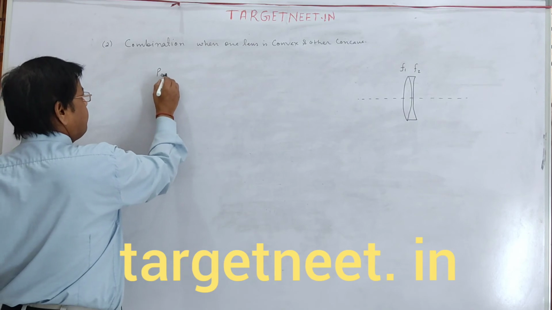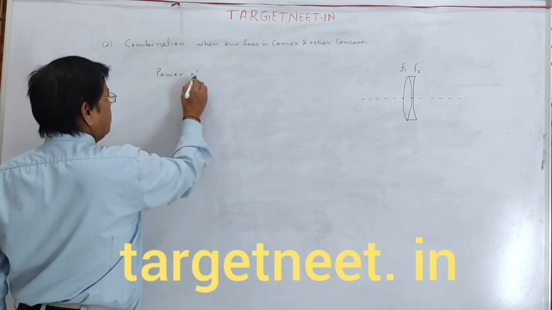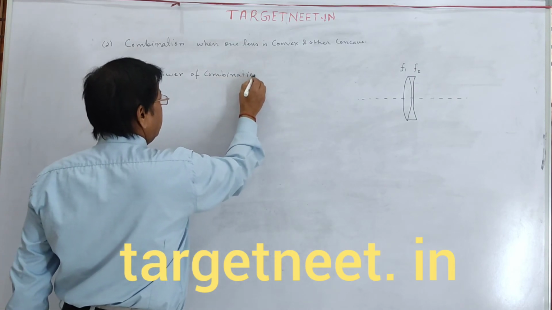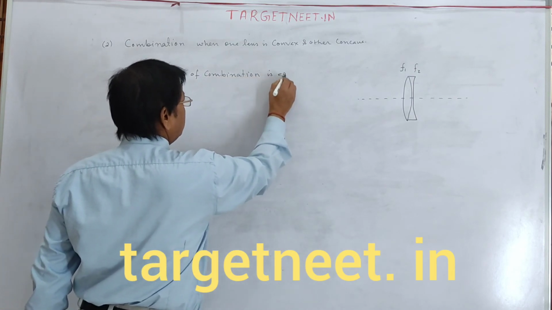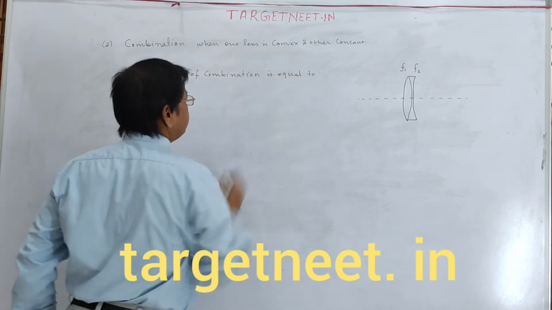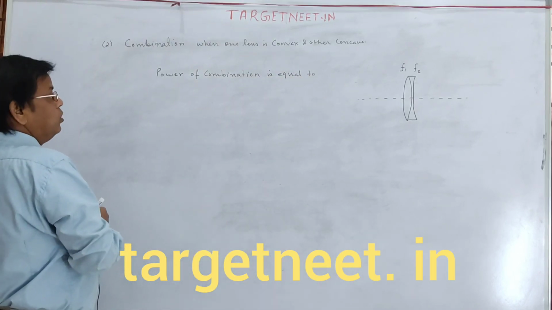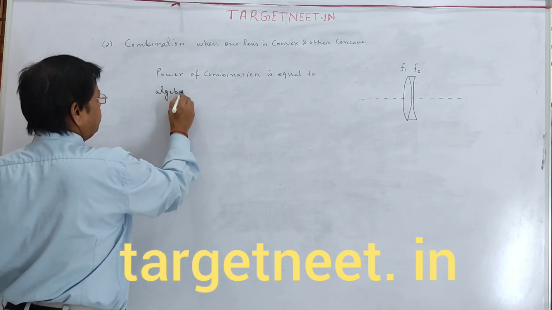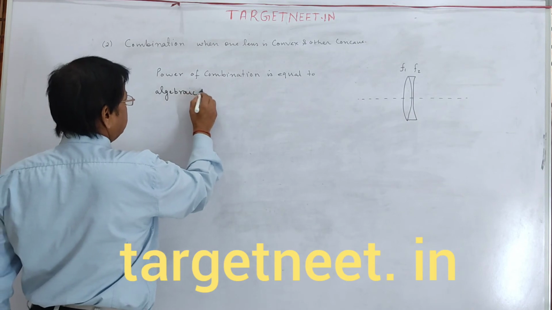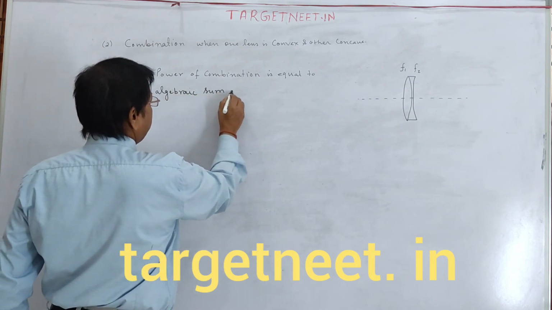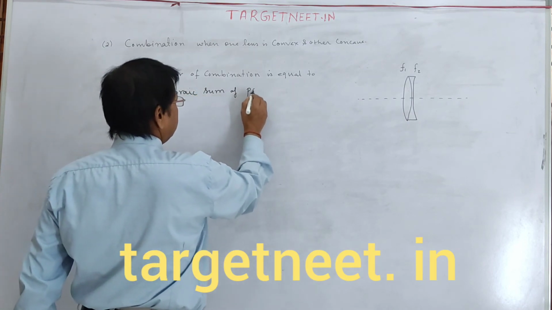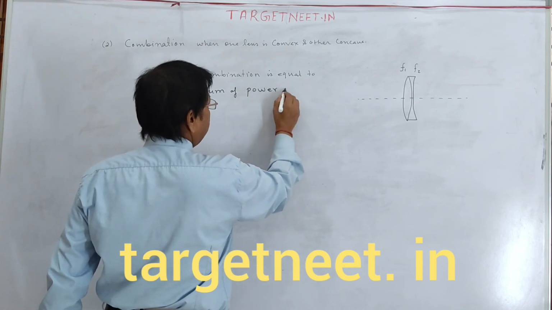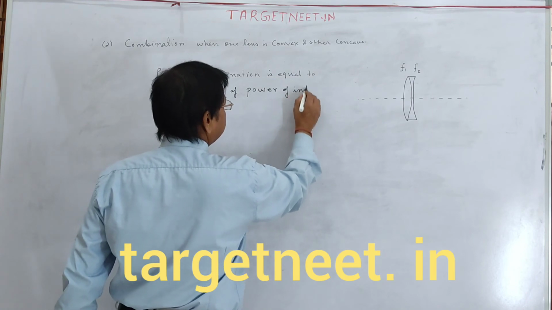Power of combination is equal to algebraic sum of power of individual lenses.